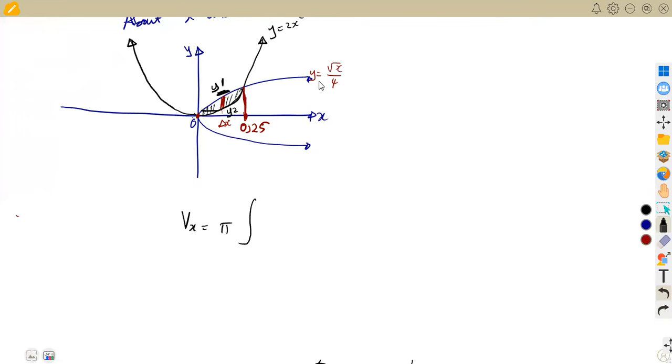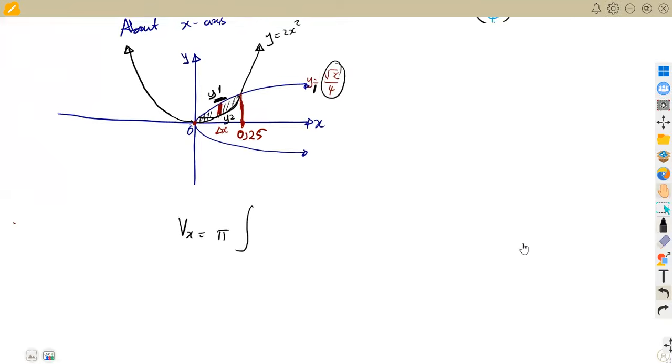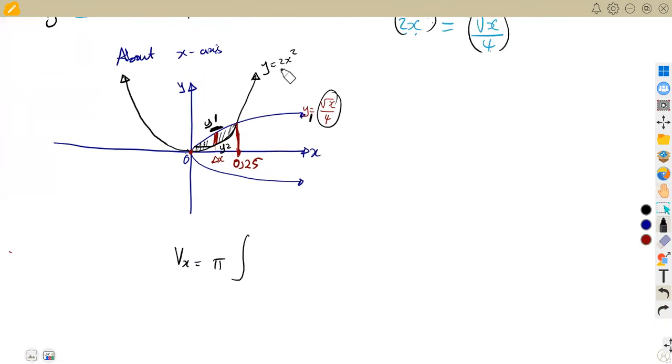So y1 represents the graph of the square root of x over 4. The graph of y2 is the graph of y is equal to 2x squared. So our volume from the formula is going to be y1 minus y2. So you're going to have y1 squared minus y2 squared with respect to x.